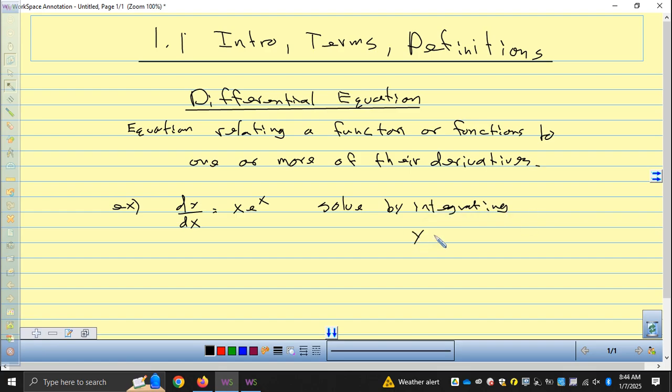So we'd say y is the indefinite integral of x e to the x dx. And that would tell us what that function is. And we'd have a constant of integration involved as well.